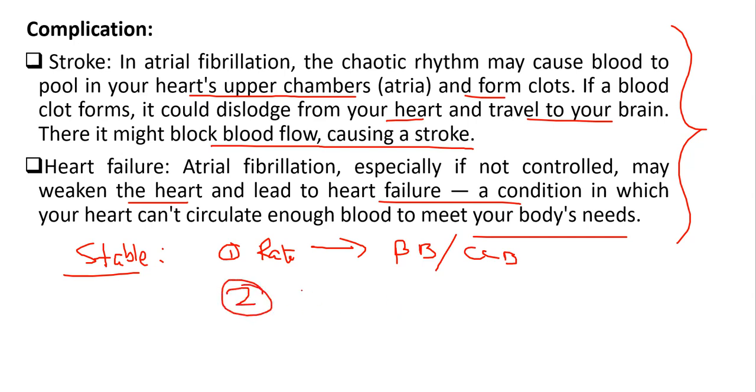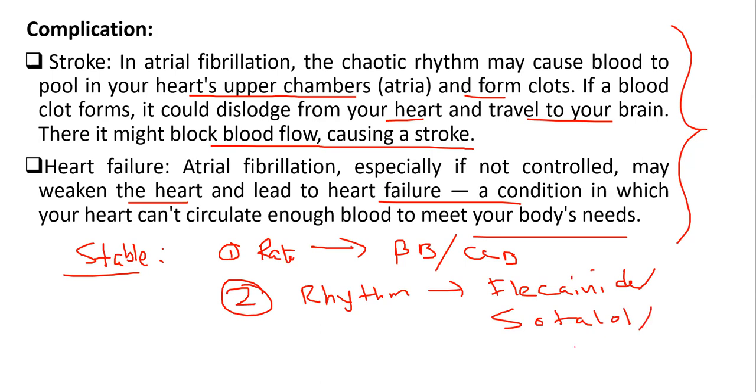If rate control is not effective, then you can try rhythm control drugs. The rhythm control drugs are antiarrhythmic medications such as flecainide, sotalol, or amiodarone. So these are the antiarrhythmic drugs that can be tried.